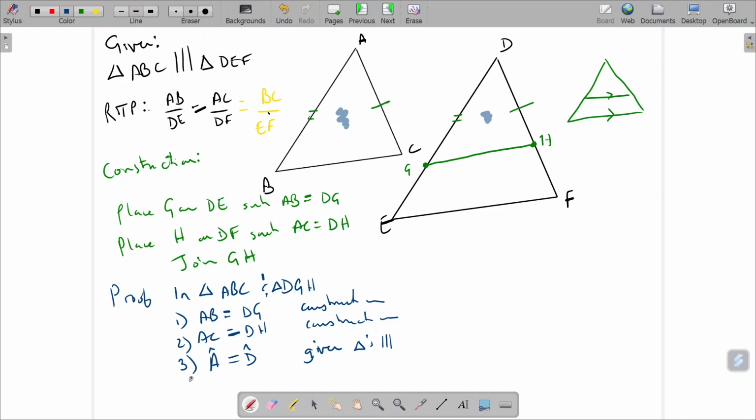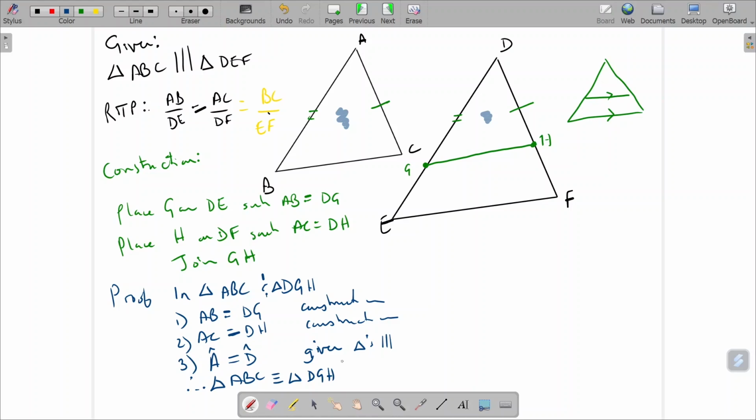Which means that we now know that these two triangles are not just similar to one another, but actually congruent to one another. So triangle ABC is congruent to triangle DGH. Again, look at that symbol: 3 horizontal stripes. 2 horizontal stripes would have been equal. 3 horizontal stripes, it is very equal.